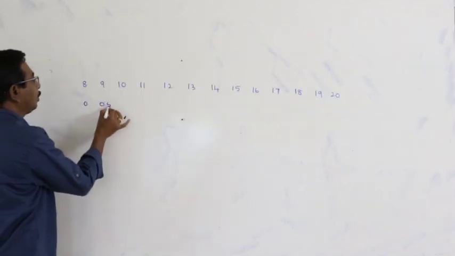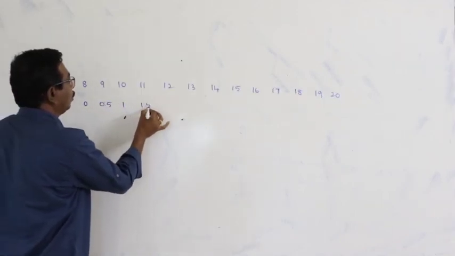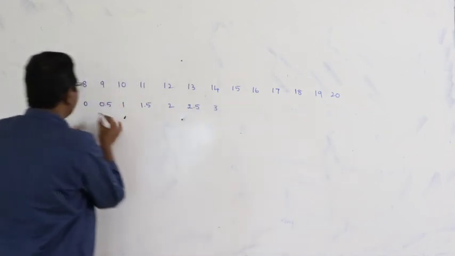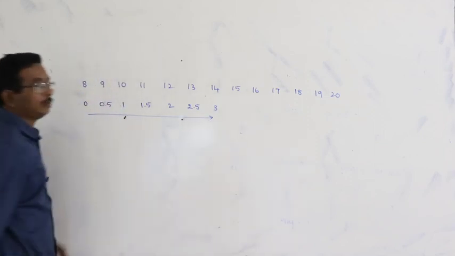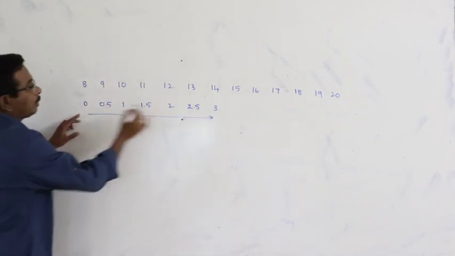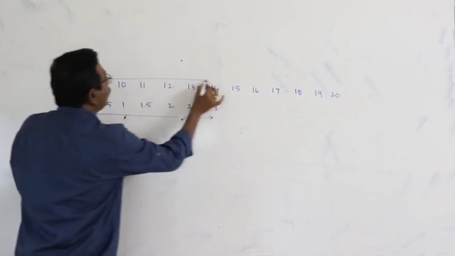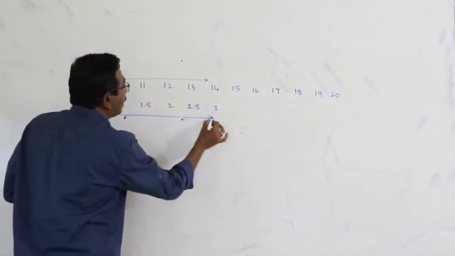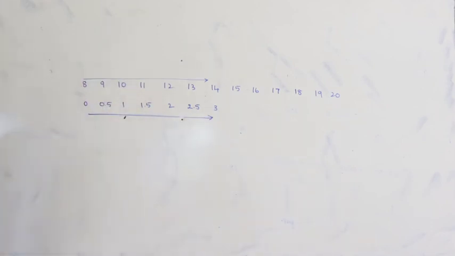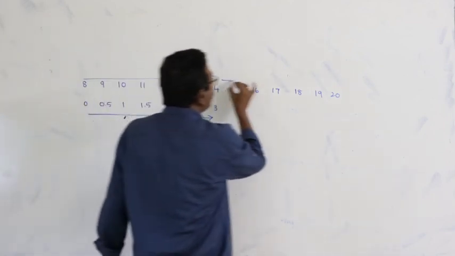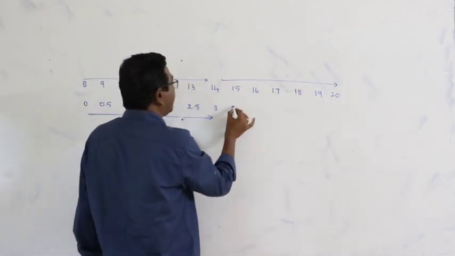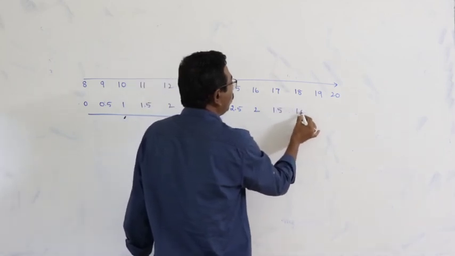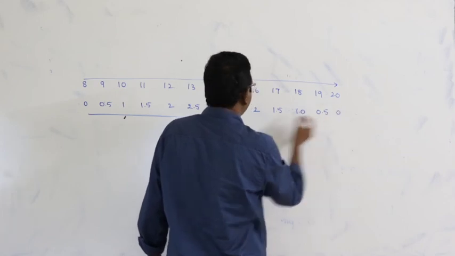Bond order: 0, 0.5, 1, 1.5, 2, 2.5, 3. From 8 to 14, the bond order gradually increases from 0 to 3. From 14 to 20, the bond order decreases once again: 2.5, 2, 1.5, 1, 0.5, 0.